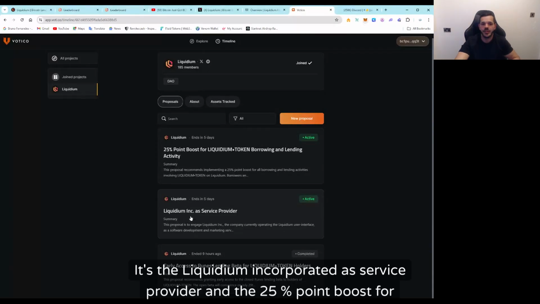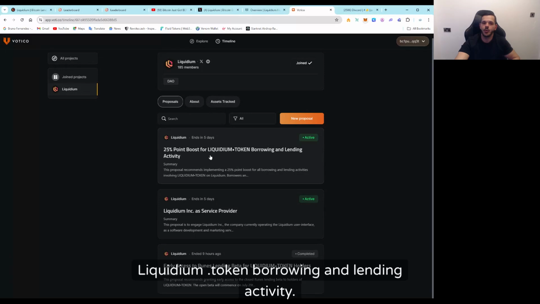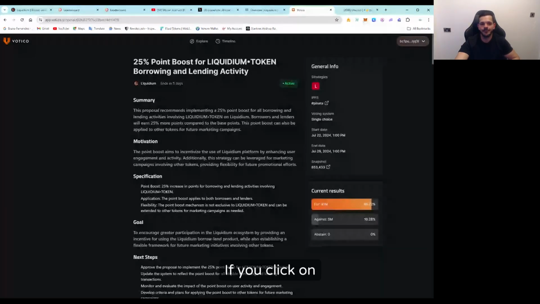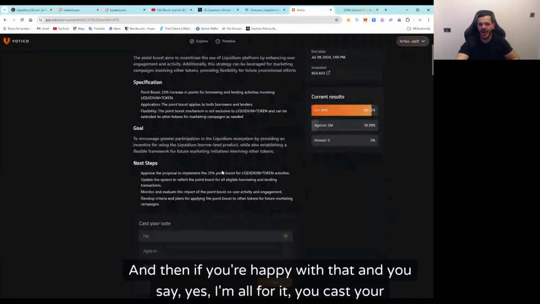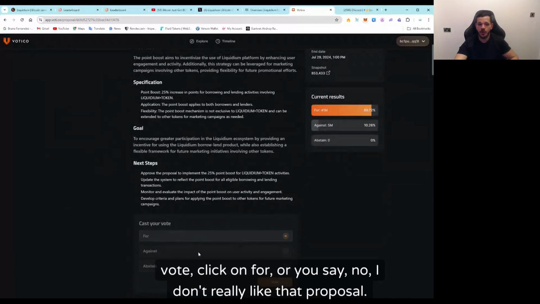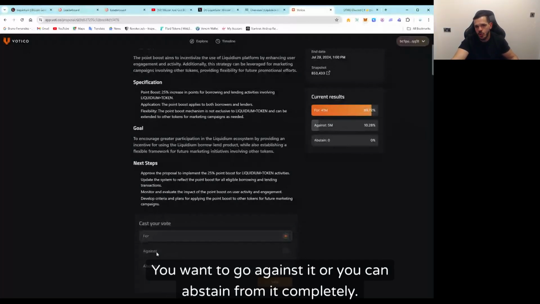It's the Liquidium incorporated as service provider and the 25% point boost for Liquidium.token borrowing and lending activity. If you click on that, read the summary of the proposal, and then if you're happy with that and you say, yes, I'm all for it, you cast your vote, click on for, or you say, no, I don't really like that proposal, you want to go against it, or you can abstain from it completely.